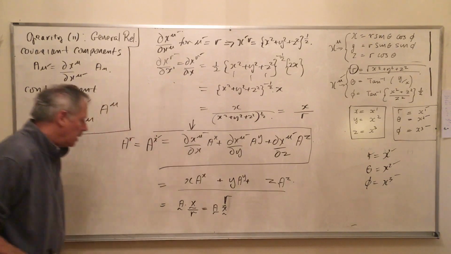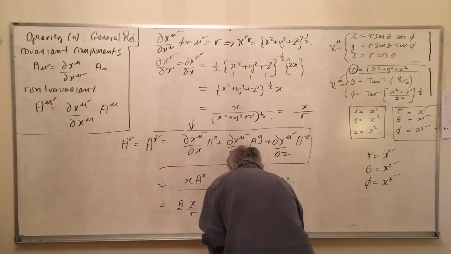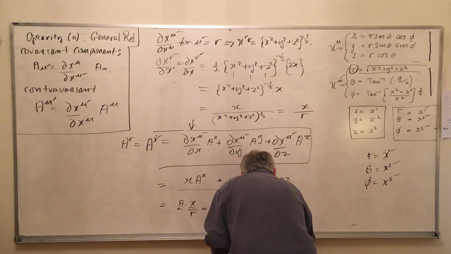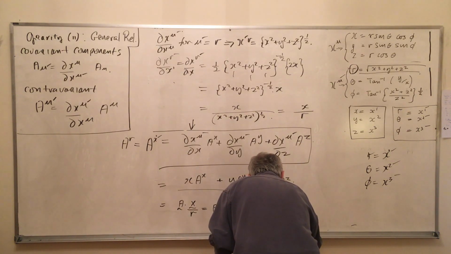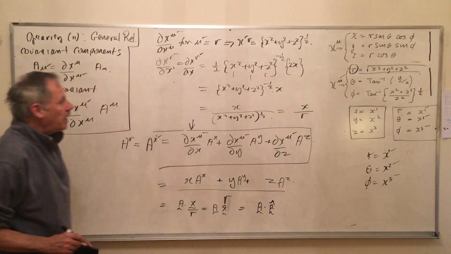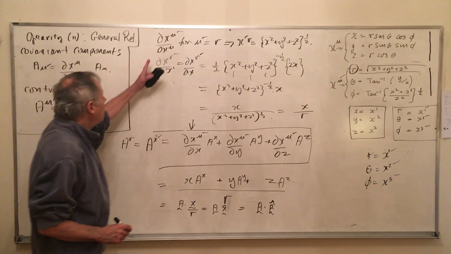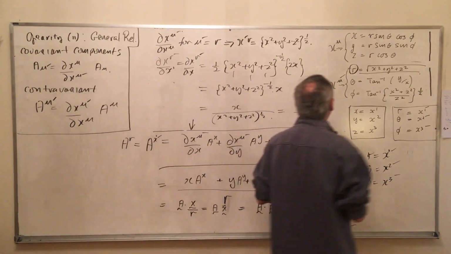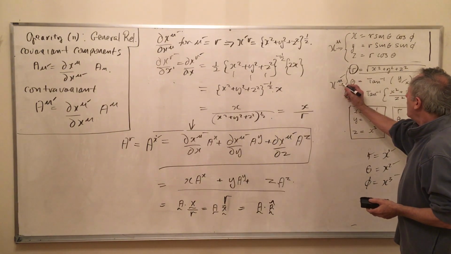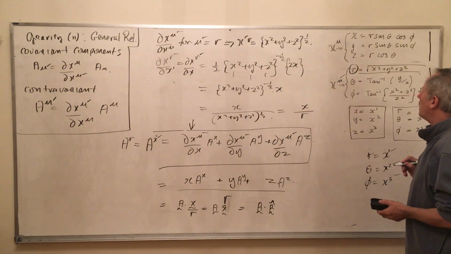Which is just the same as a position vector, unit vector, in the r direction, okay? All right, so that's the contravariant component for A mu dash when mu is 1.